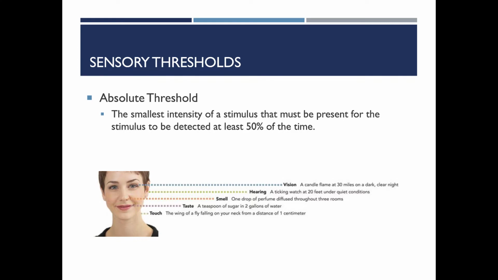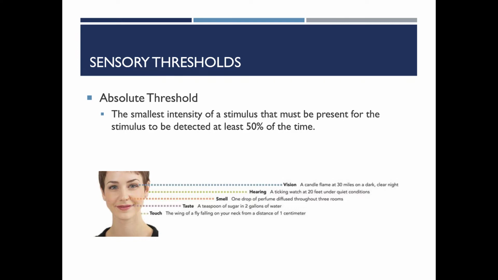That enough is your absolute threshold, the minimum level or the smallest level of intensity of a stimulus that must be present for you to detect it at least 50% of the time. So in a silent room, you would hear, for example, your dog barking, but you might not hear your dog breathing because the sound is not loud enough to detect.